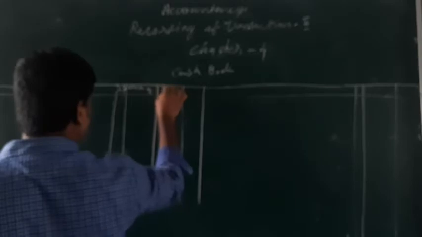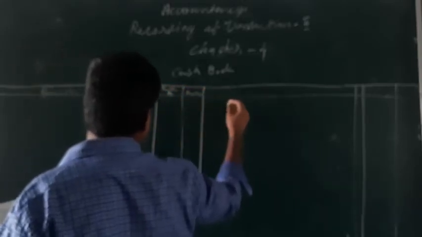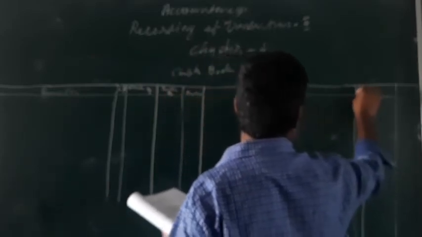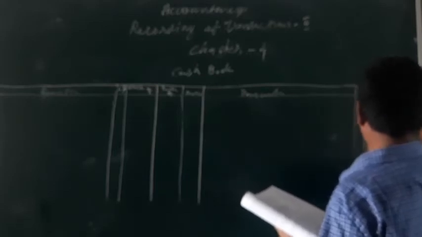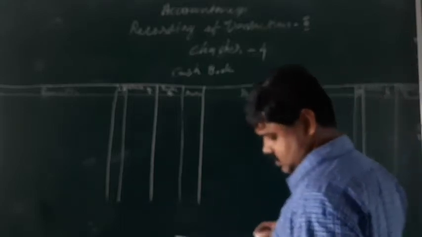Both are amount columns: cash in rupees, bank in rupees. Here again date, payments, LF, cash in rupees, bank in rupees. Clear now?